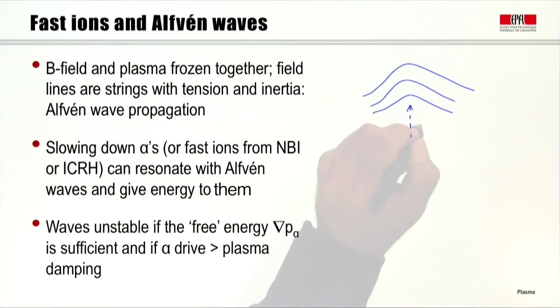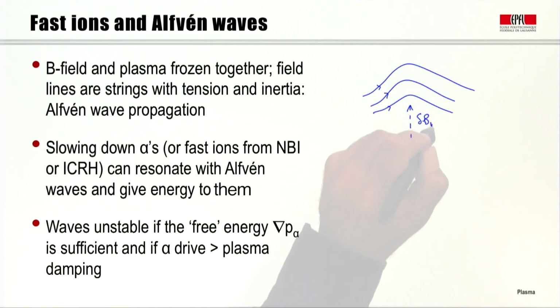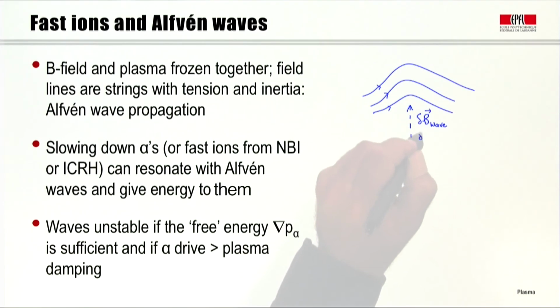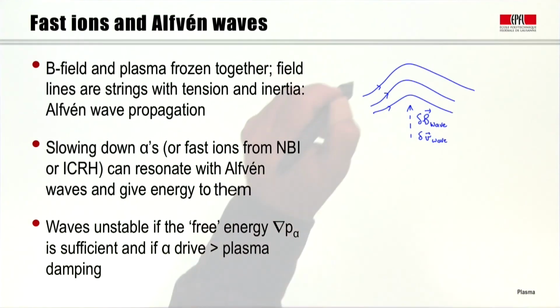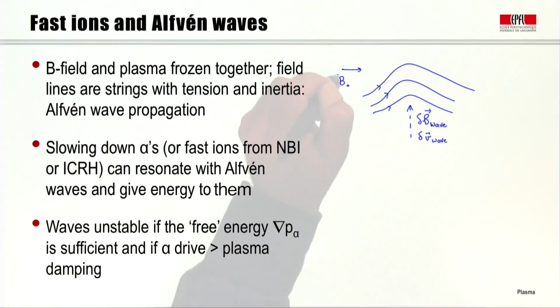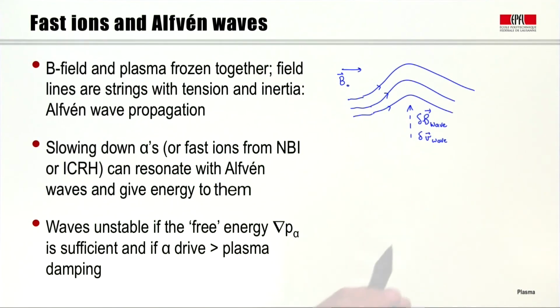Say we bend the field lines. These are supposed field lines, because there's a perturbation in the magnetic field due to the perturbation in the velocity of the plasma. See, the unperturbed magnetic field is in this direction, and we locally have a perturbation of this kind.